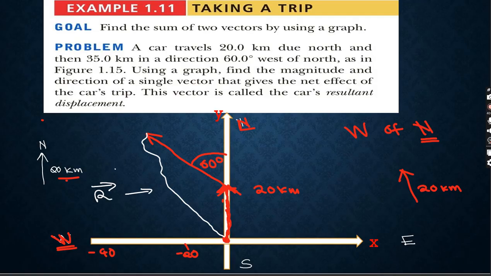By just showing this: the first was going north at 20 kilometers, the second was going west of north, between west and north. As you can see, we can estimate that this vector moved 35, somewhere here. Somebody asked me, do we need protractors and compasses to measure the accurate angles?